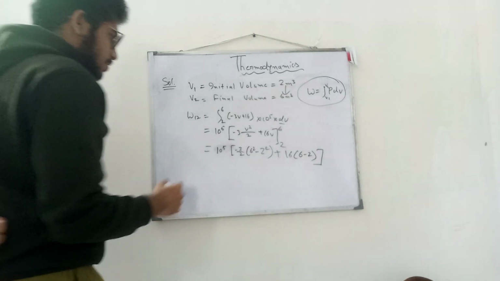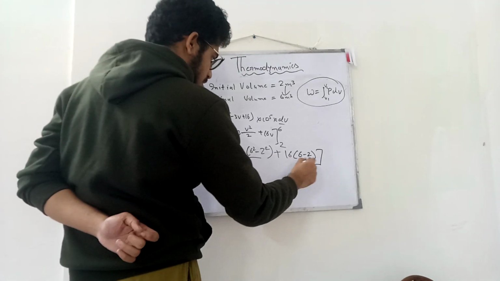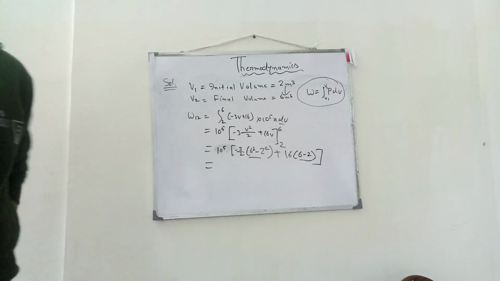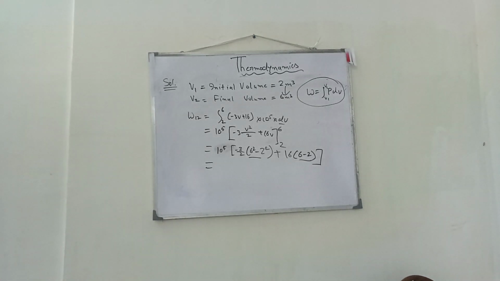What is coming? Solve it, you have to calculate. I also have my calculator here. Minus 3 by 2, 6 square minus 2 square, plus 16 into 6 minus 2.